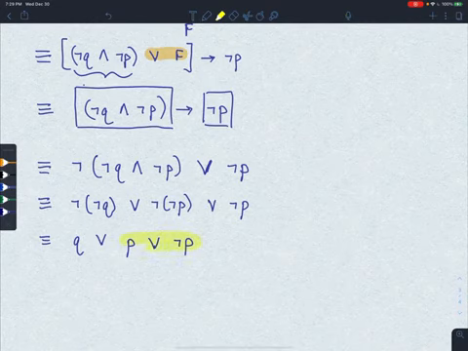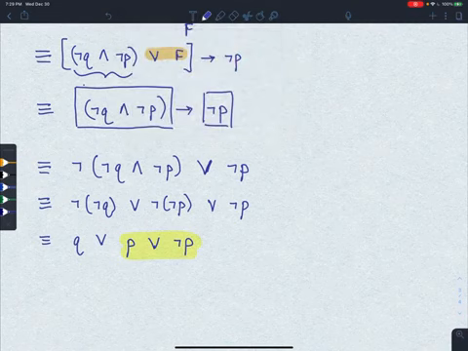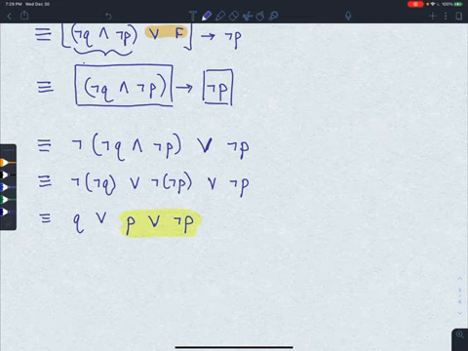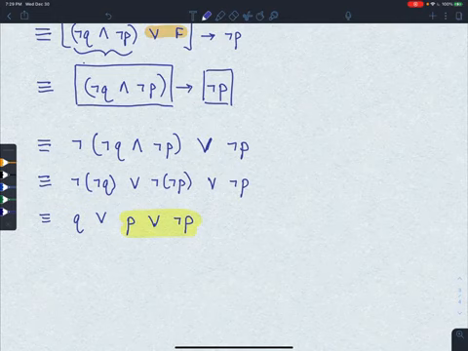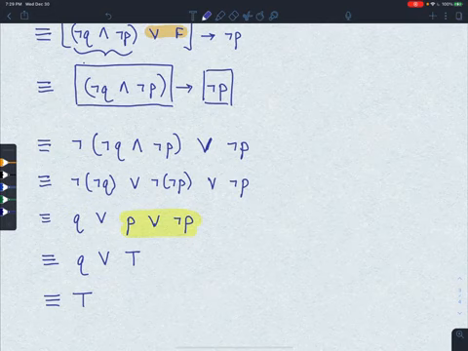And would you look at this right here. P or negation P is true. If you have one or the other, if they're opposites, that means you've encompassed the entire thing. So that means this is Q or true. And if you or anything with a true, you end up with a true.